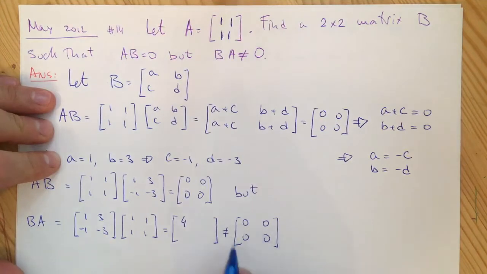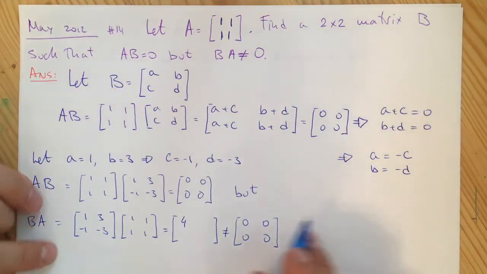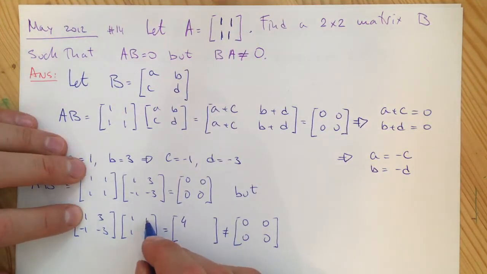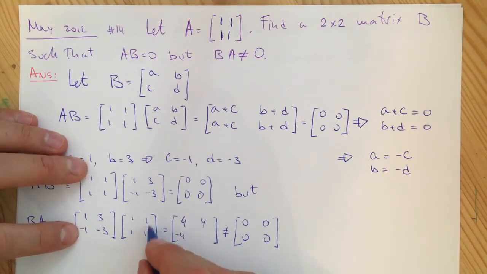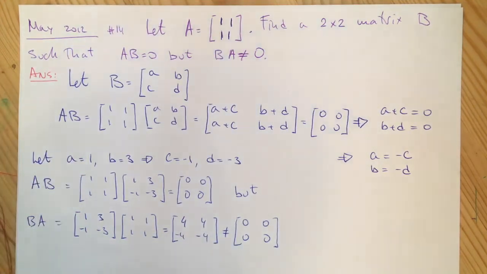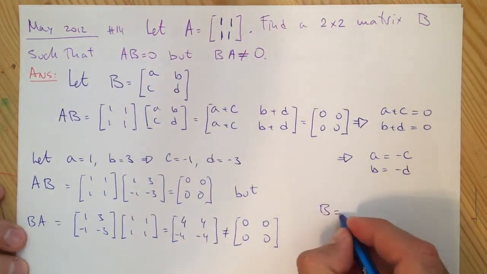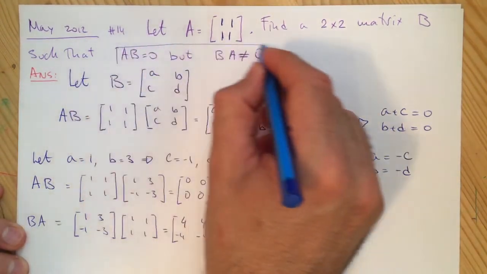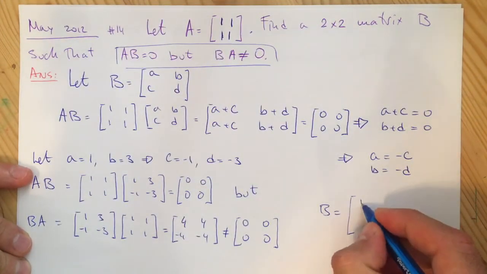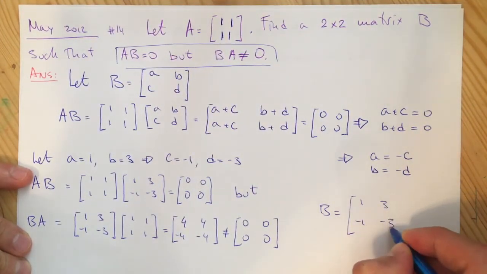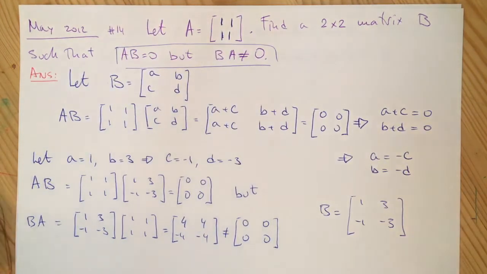All the entries in the 0 matrix have to be 0. This is also 4, negative 1, negative 4, and negative 1, negative 4. Okay, so we have found the matrix B that satisfies this. B is equal to 1, 3, negative 1, negative 3.